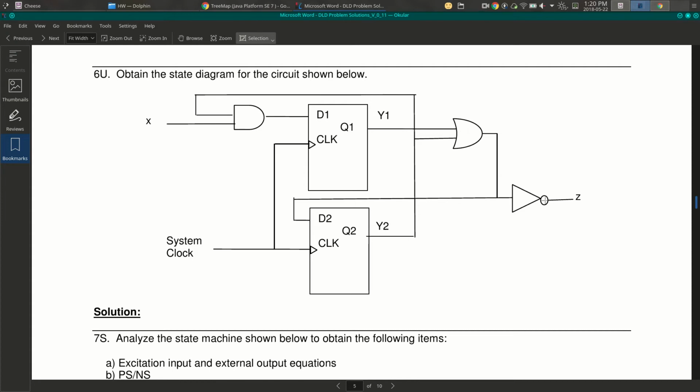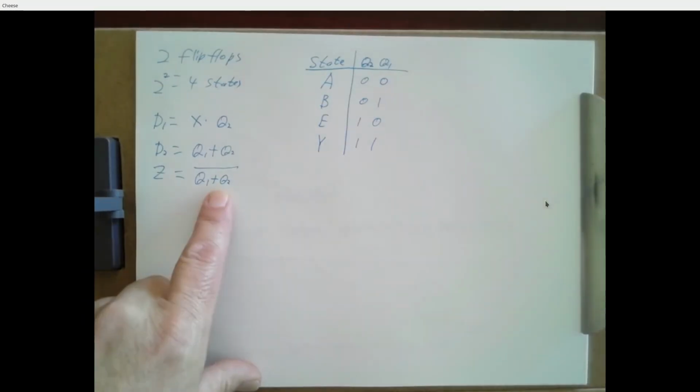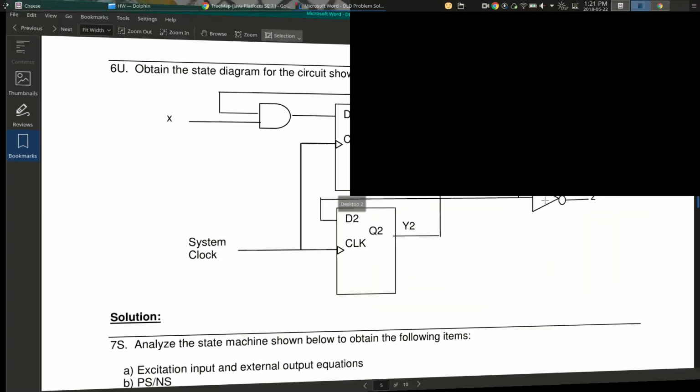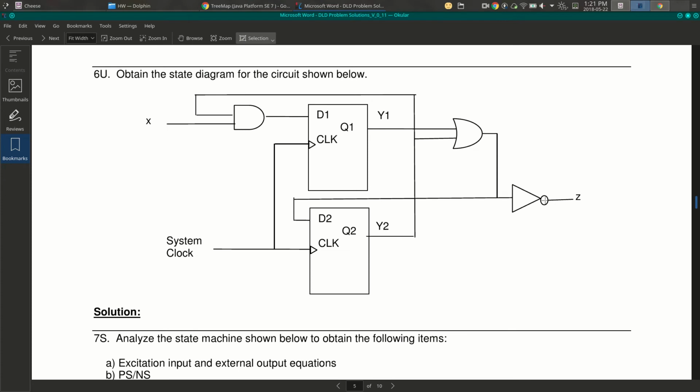So Z is actually a NOR, Q1 or Q2 bar. Does D2 not do anything there? D2 comes from this OR gate, right? So we wrote that down, and it's going to eventually change the value of Q2.